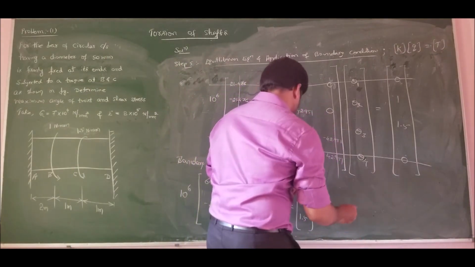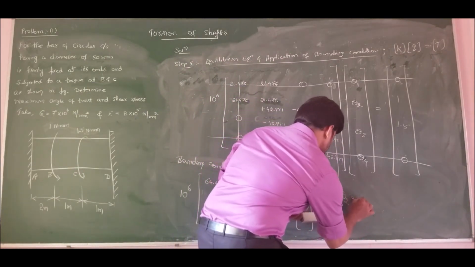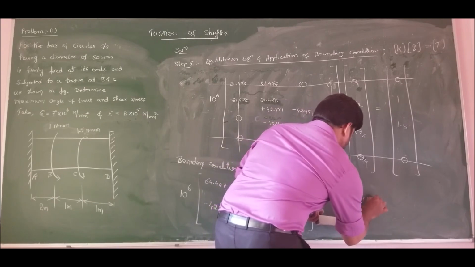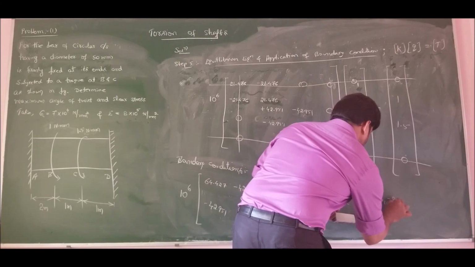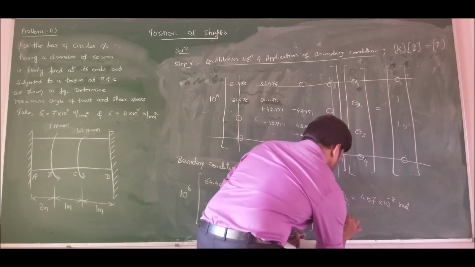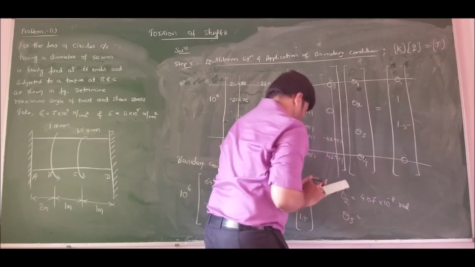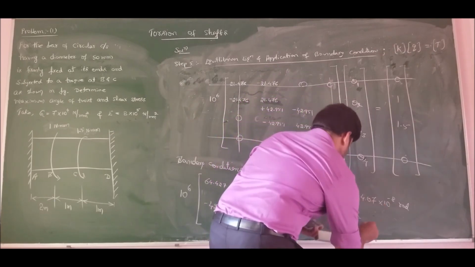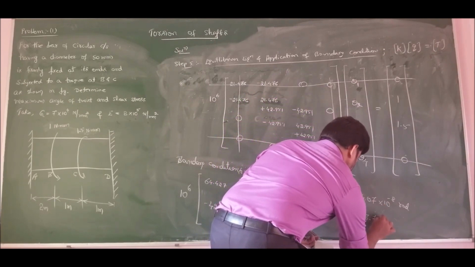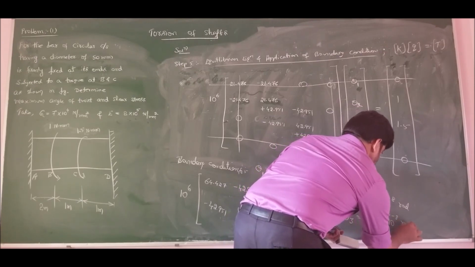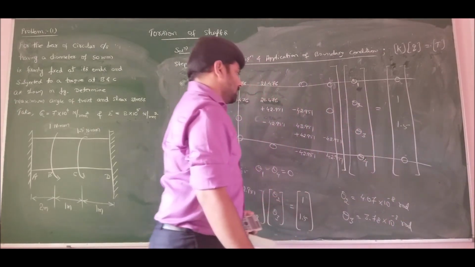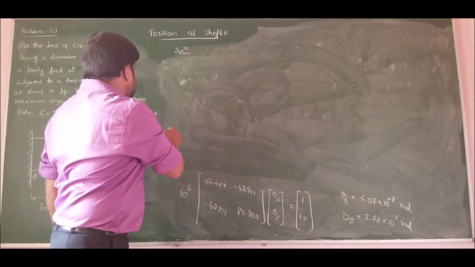Theta 2 is 4.07 into 10 to the power of minus 8 radians, and theta 3 is 3.78 into 10 to the power of minus 8 radians. Now determining the elemental shear stresses.